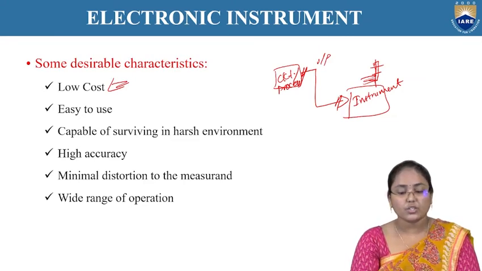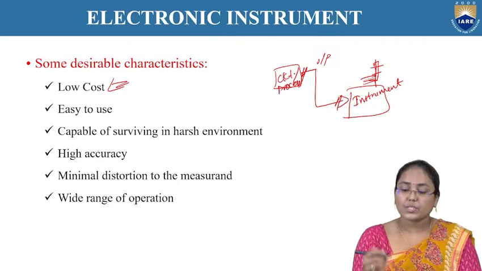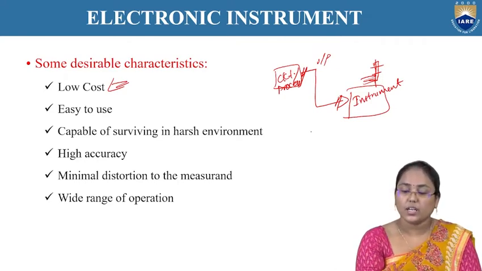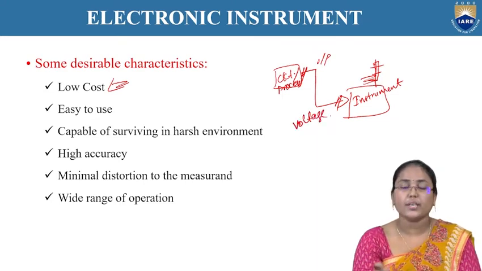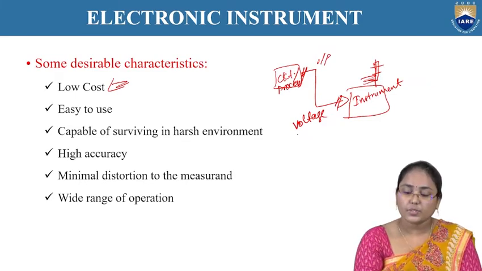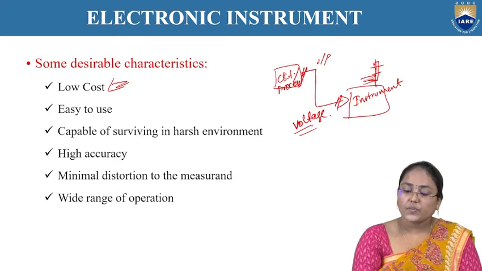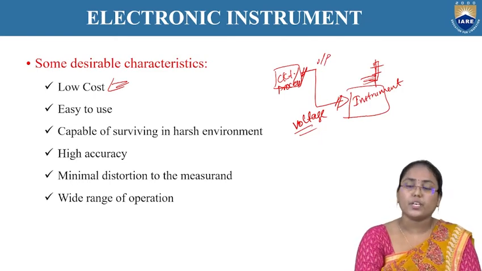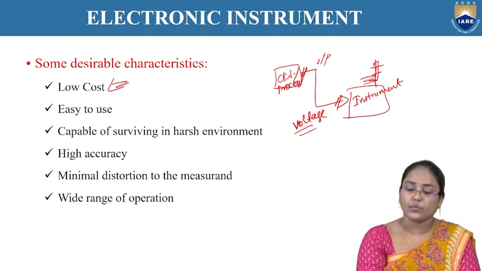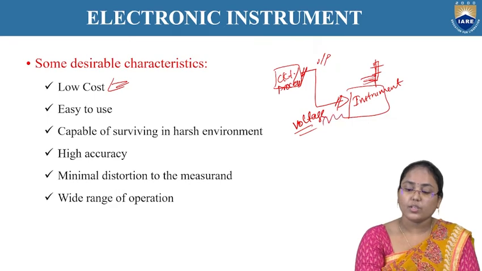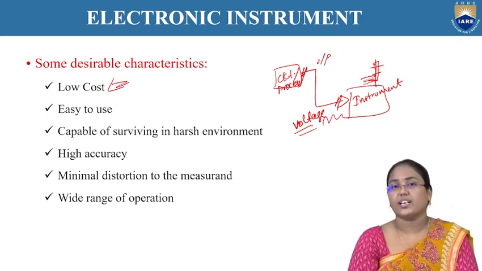Next one is minimal distortion to the measurement. With respect to the measurement, from this one I'm going to measure some quantity, for example voltage, using this particular instrument. If the instrument characteristics are going to vary with respect to the voltage signal coming to the instrument, then that is not desirable for us.